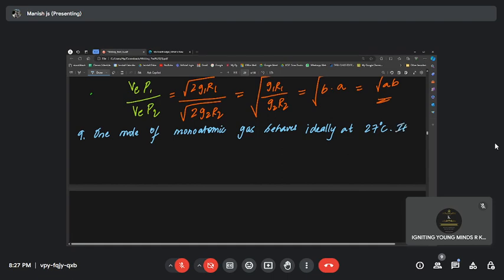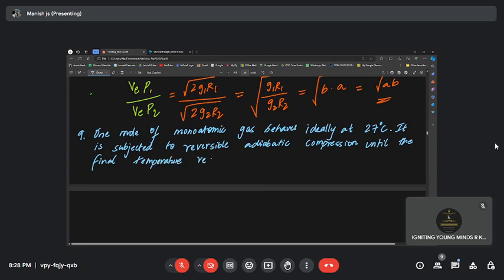It is subjected to a reversible adiabatic compression until the final temperature reaches 327 degrees Celsius.